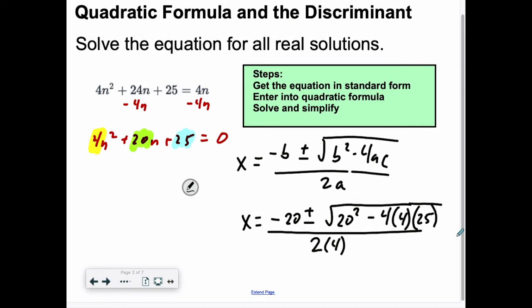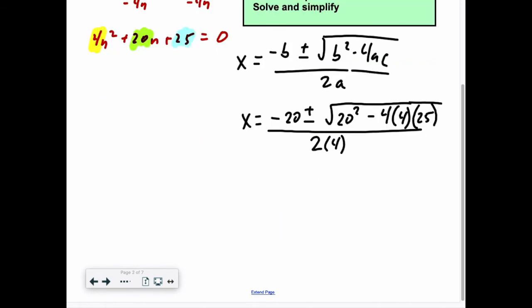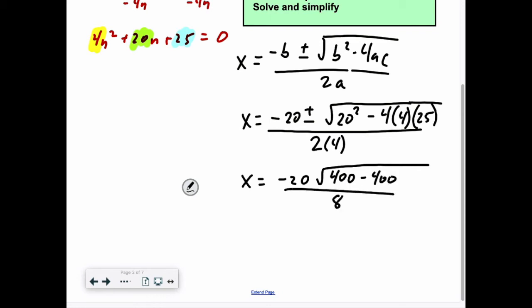Cool. Notice I left the negative here. It has to always lead with a negative. That can cancel out if b was negative, by the way, so don't worry about that. And let's just simplify things a bit. Negative 20 plus or minus, that's going to be 400 minus 16 times 25, so also 400, over 8.